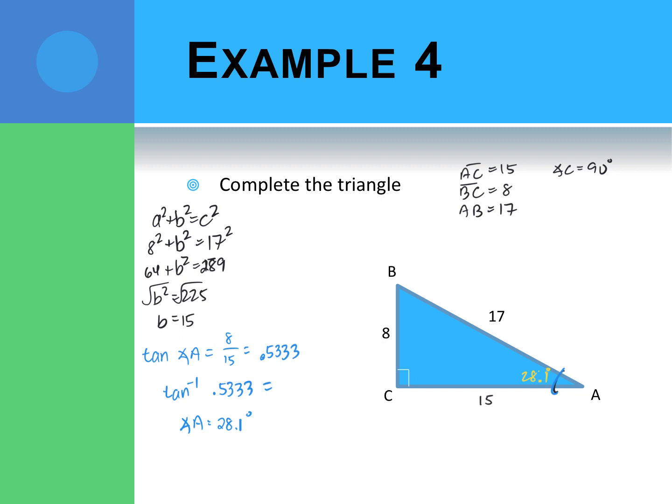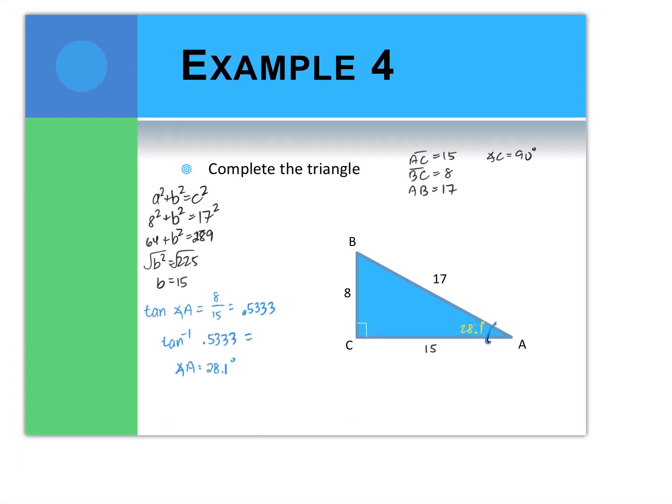Now, I can then just subtract that from 90 and find angle B, but I still would rather solve it mathematically and make sure that I didn't make any mistakes. So I'm going to continue to solve this using the math skills. I'm not just going to subtract from 90 and tell you what B is. So here we've got the tangent of angle B is going to be the opposite side, the length 15, over the adjacent, which is 8. If I do 15 divided by 8, I'm going to get 1.875.